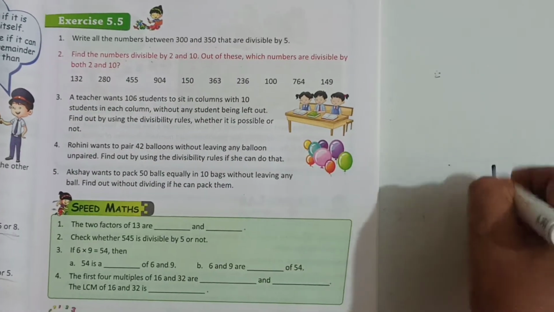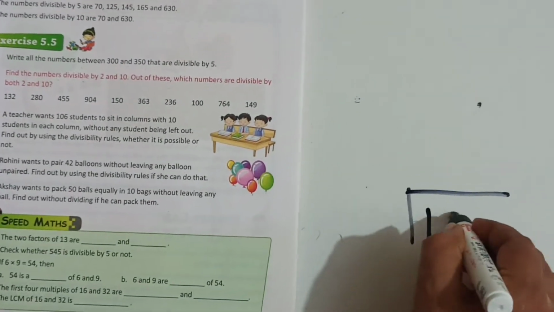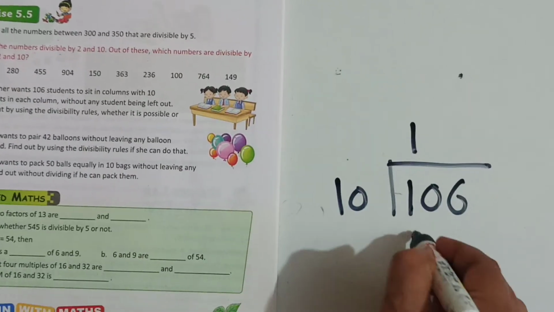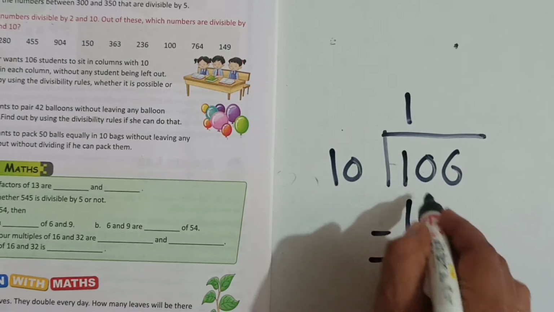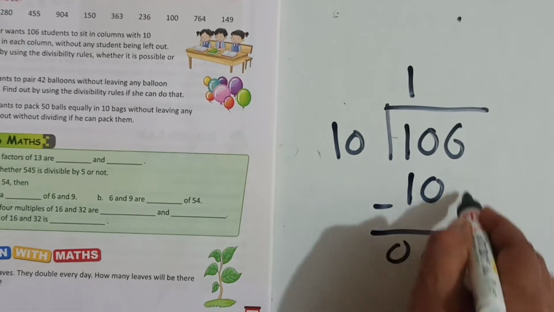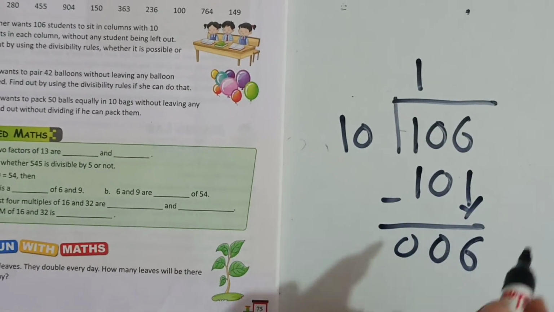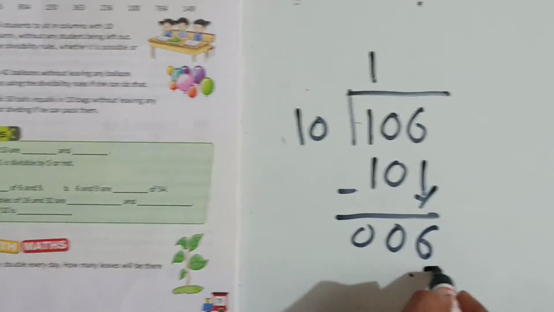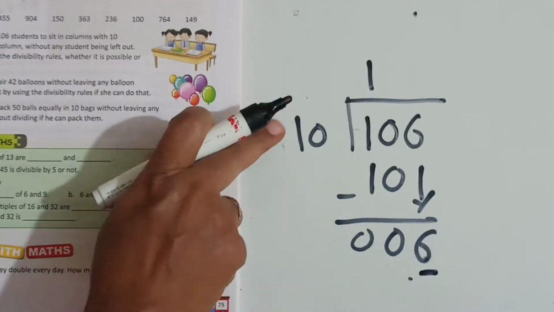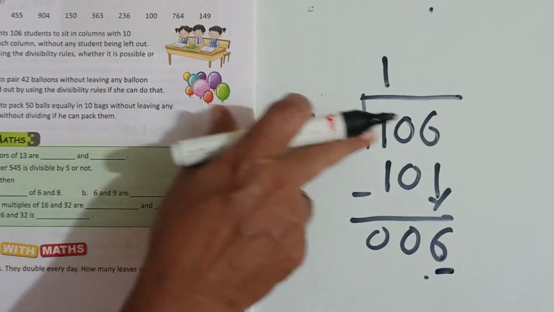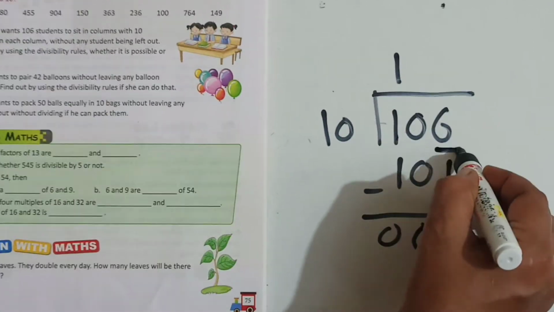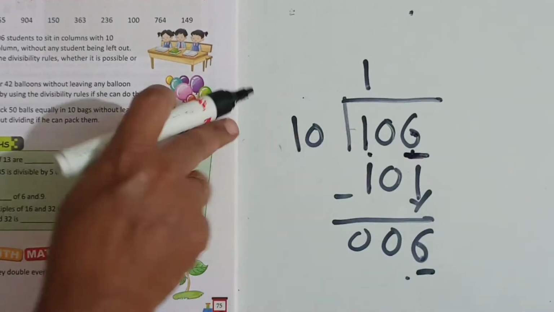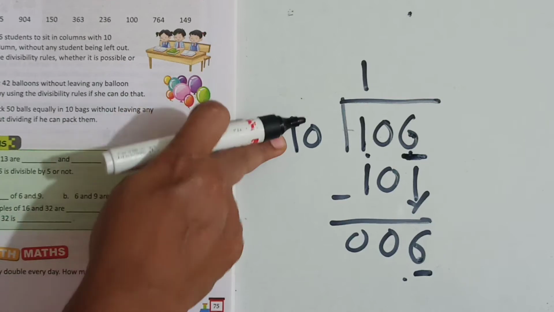If we divide 106 by 10, 10 ones are 10, 0, 0, we will get this 6 here, and we cannot do the division because there is no 6 in the 10's table.